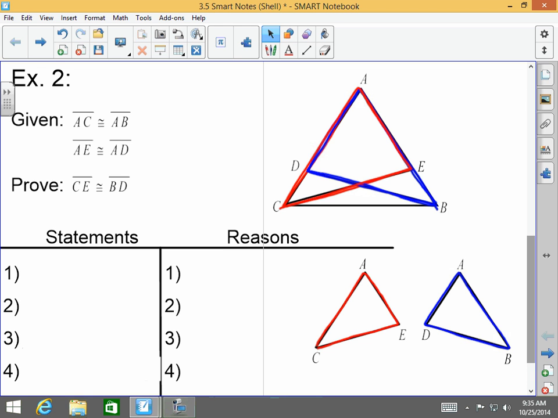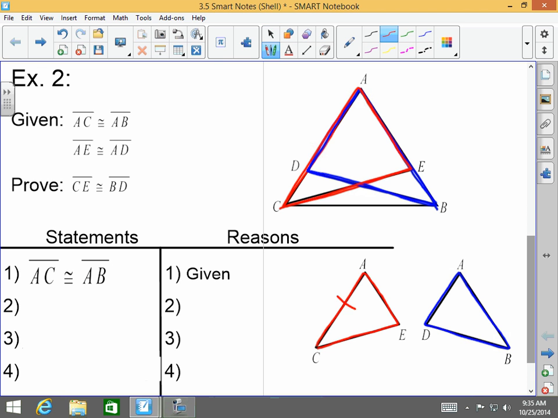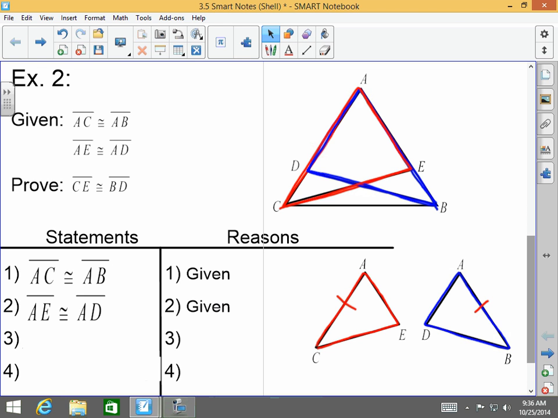We start with our givens, as always. AC is congruent to AB because that is given. So let's mark it. Then I have that AE is congruent to AD, which again is given. Okay. Now, if you think about this, look at the main triangle and look at your individual triangles.